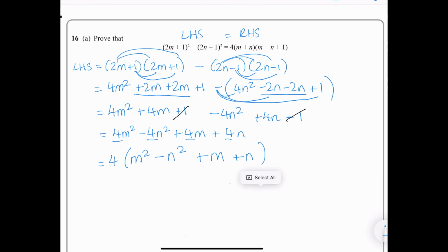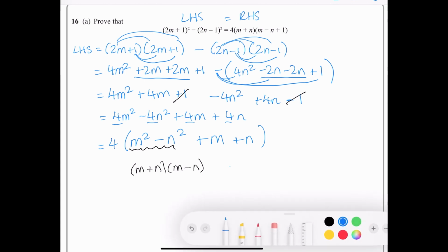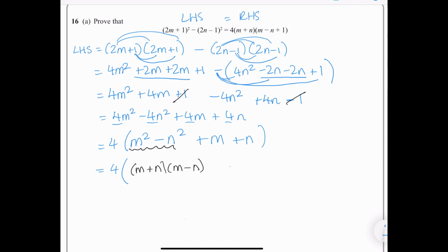Again, this is noticing and spotting stuff. This bit here, m squared minus n squared, that is the difference of two squares. So I could write that as two brackets, (m plus n)(m minus n), like that. Let's leave everything else as I had it. The 4 was still there, everything was in brackets, plus m plus n, like that.